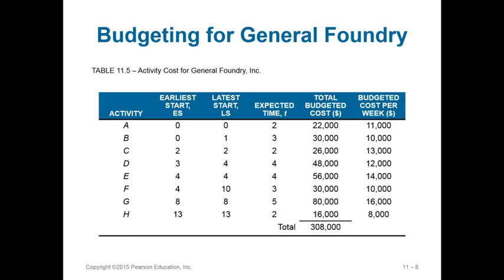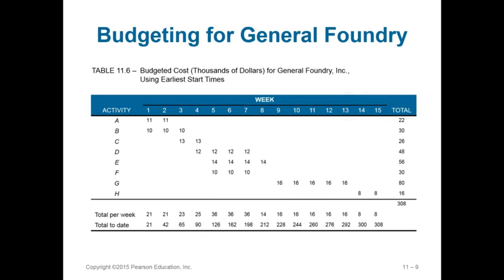So now we create a table that does just what we were looking at and how much the cost would be on a per week basis. And by doing that, you can then look at the amount of budget that you're spending on each week.